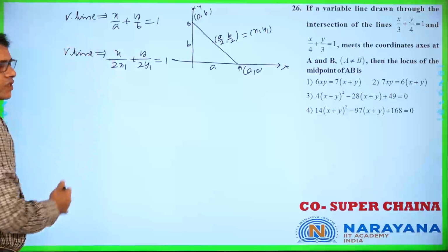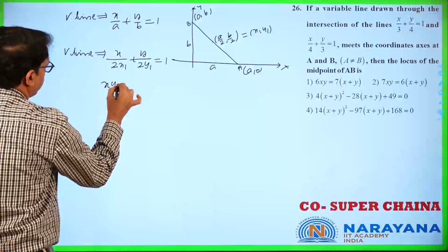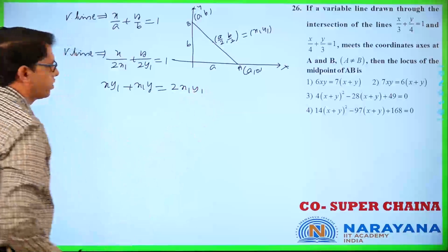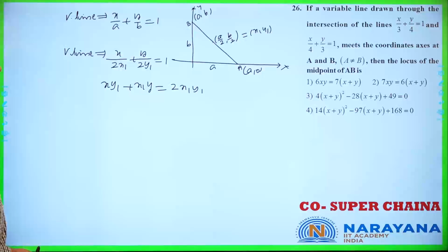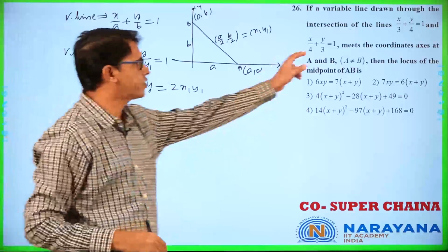Now take the LCM. So it is x y1 plus x1 y equals 2x1 y1. So it is passing through which point? Given, it is passing through the point of intersection of these two lines.